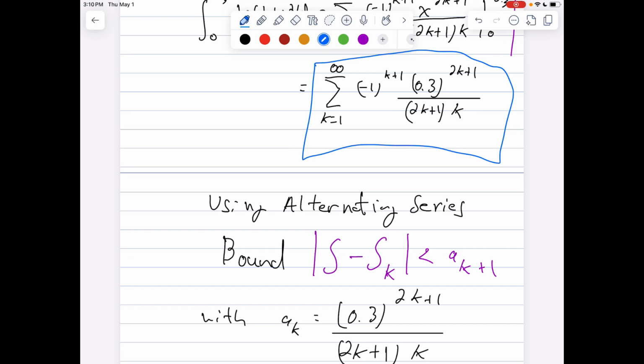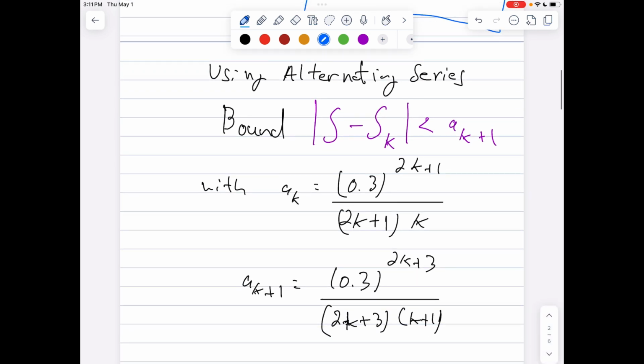However, what we can do is this. We can use the alternating series bound, which looks something like this. It would be very hard to find the sum of that series. Actually, you can do it, but it would be difficult, with integration by parts. But using the alternating series bound, it's written here. You have the absolute value of your sum minus a partial sum, that's what S sub k stands for, is less than a sub k plus 1.